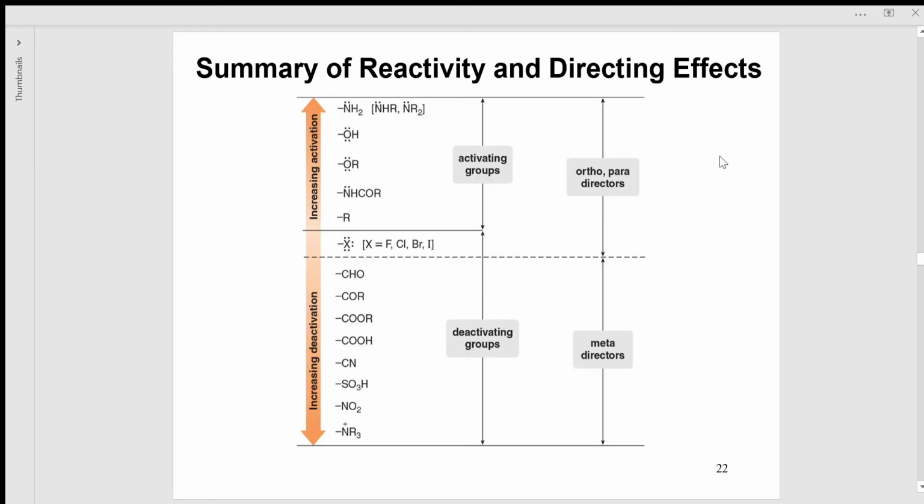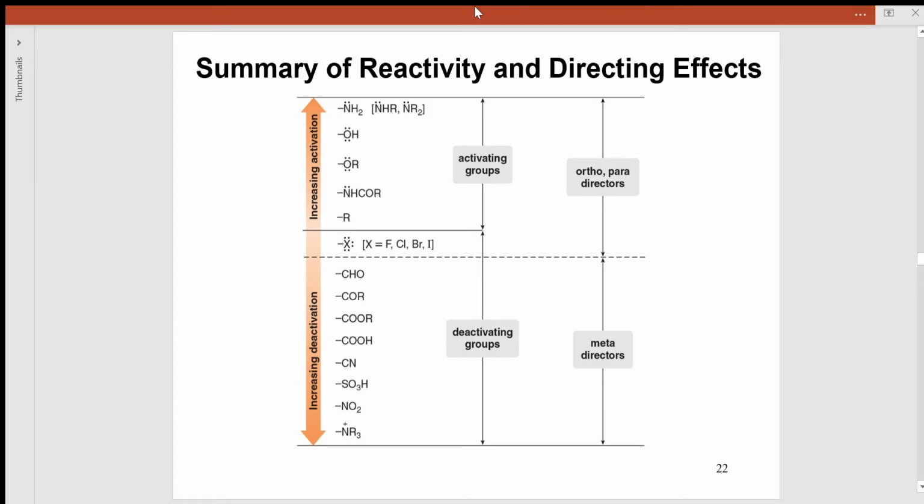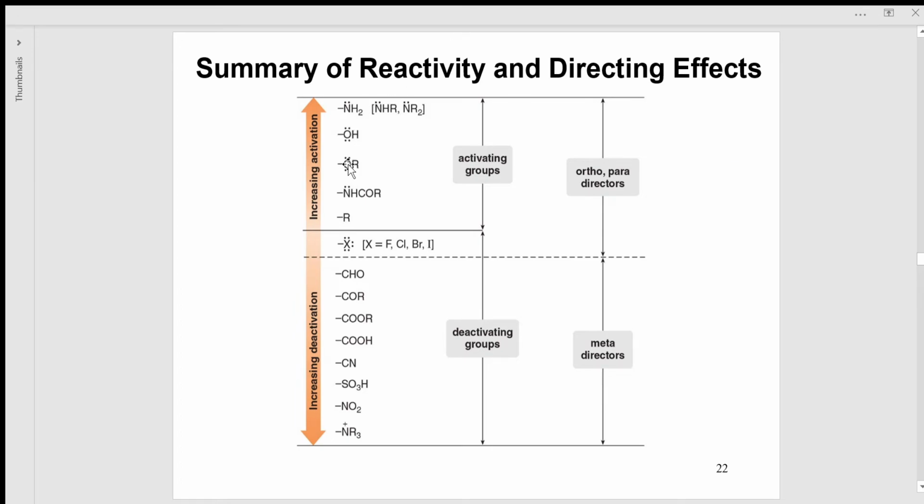Here is a table. This is a very important table. We analyzed amine, hydroxyl group, ether group, amide group, or alkyl group, like methyl group. They are activating groups because they give electrons towards the benzene ring, so they increase the reactivity. And they are also ortho para directors.